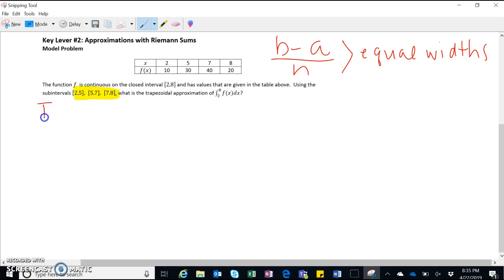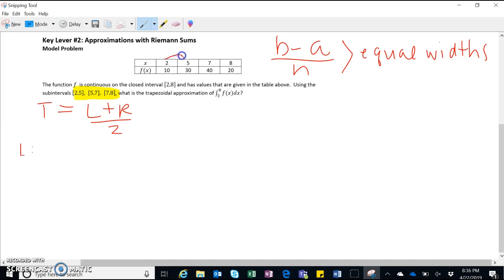So don't forget that trapezoids are equal to the average of our left and right hand Riemann sums. So if we keep this in mind, we can pretty nicely indicate the approximation being requested here. So my approximation is going to be the left-hand Riemann sum and the right-hand Riemann sum added together and divided by 2.